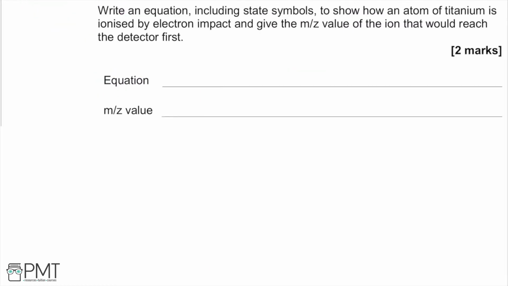The next part of the question asks us to write an equation, including state symbols, to show how an atom of titanium is ionized by electron impact, and to give the m/z value of the ion that would reach the detector first. So this examines our understanding of what electron impact is, and we know that it is a type of ionization where a high energy electron gun is used to fire electrons and form a positive ion.